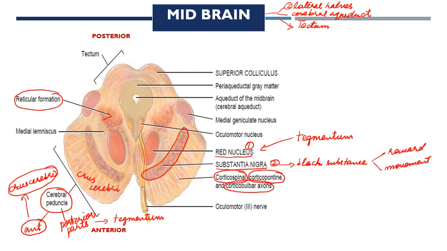Then is the red portion, that is called the red nucleus, and the red nucleus plays a role in movement. So it helps in controlling movements. Then is the third portion, that is the reticular formation.